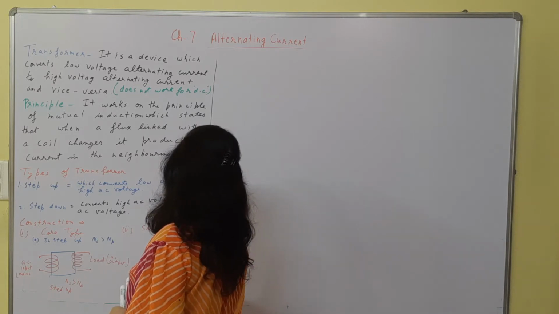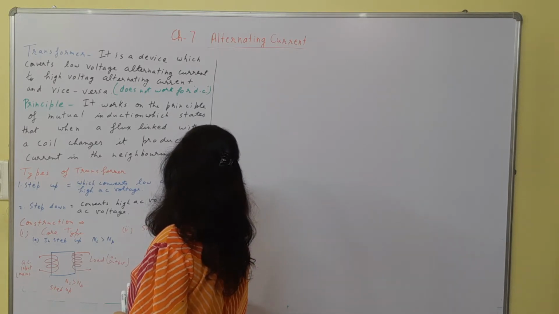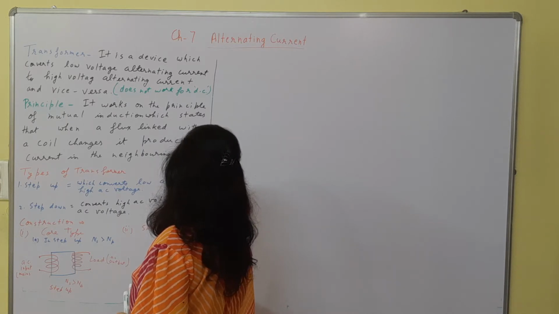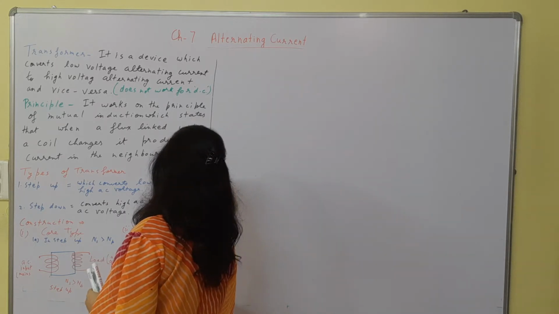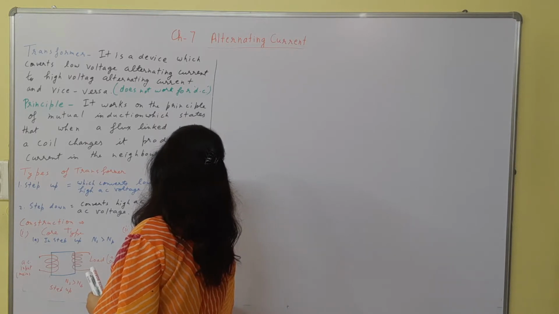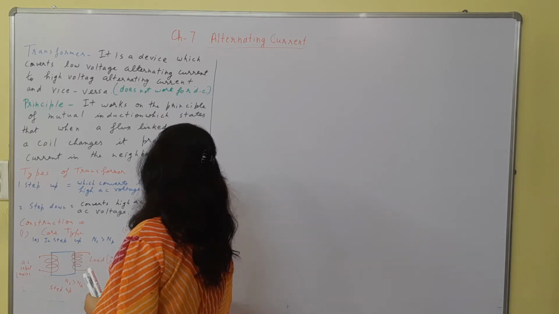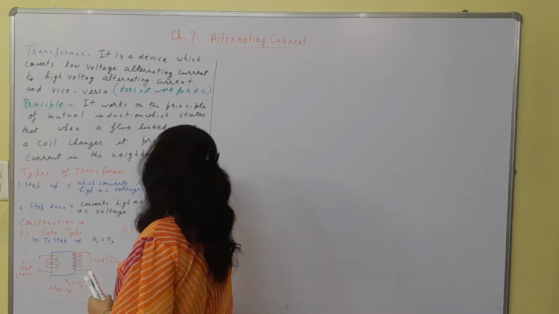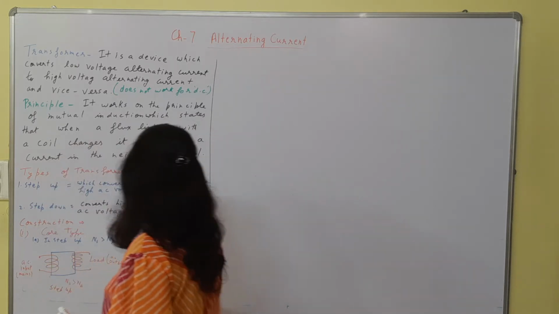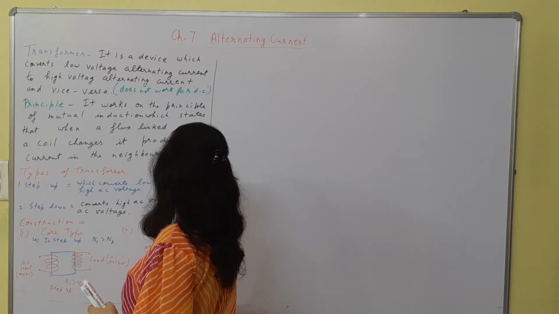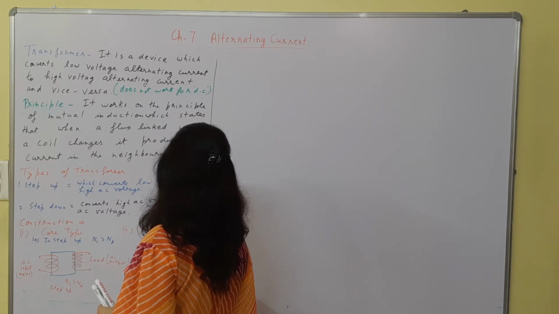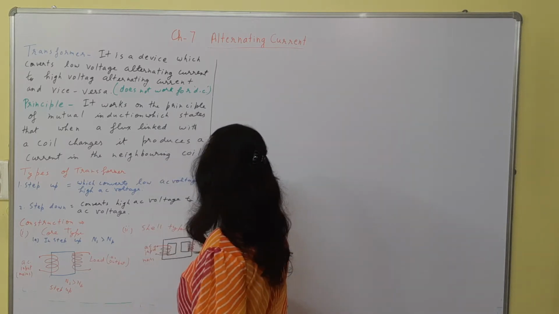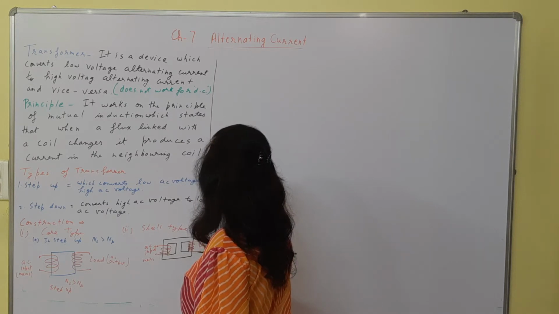And the second diagram I'll draw for shell type. In shell type, we have this as AC input or mains, and this is the load, or you can say the output.